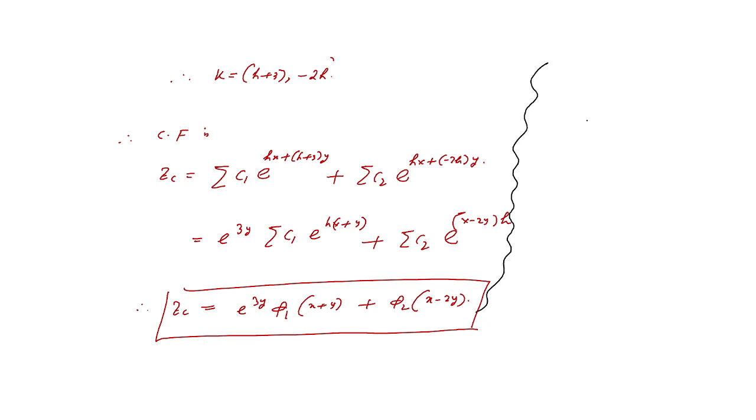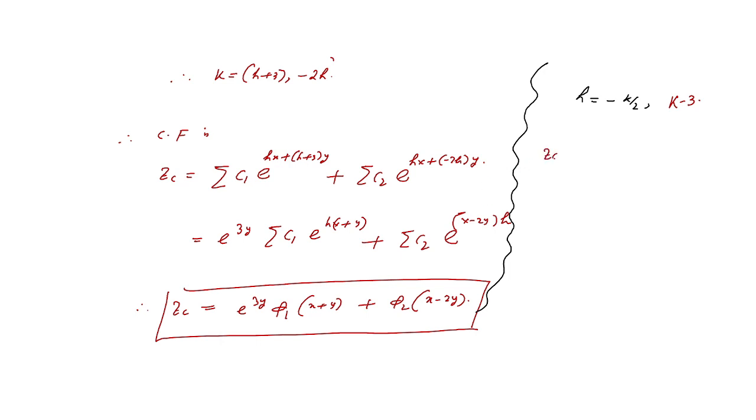If we make it quadratic in h, you will get the values of h as minus k by 2 and k minus 3.